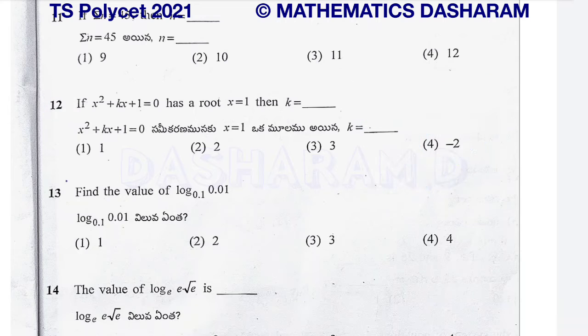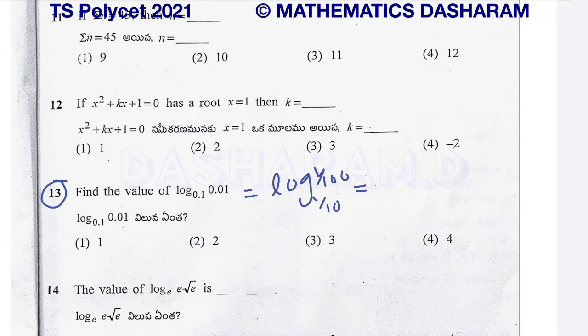So next to 13th question, find the value of log 0.01 base 0.1. So here log 0.01, here we have 2 decimal places, so let's convert into fraction form. So 1 by 100, and base also in decimal, 1 by 10.